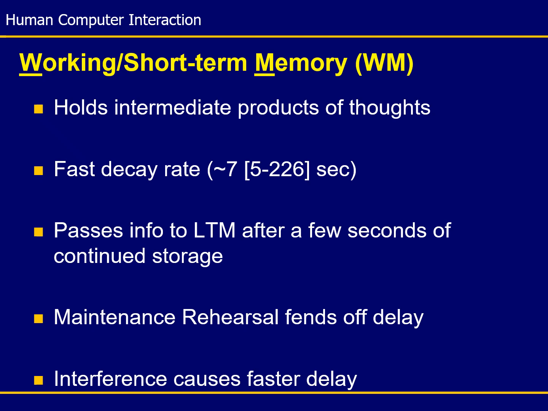And it has a fast decay rate, okay? It varies from one human to another, but it's between 5 to 226 seconds. So on average, for most humans, it's about 7 seconds. So anything you put in your short-term memory will not stay after 7 seconds, it will just evaporate, okay?